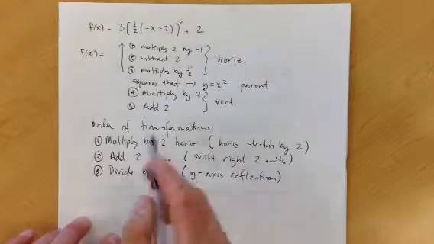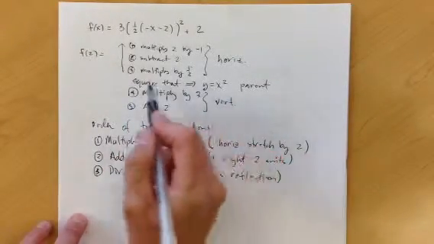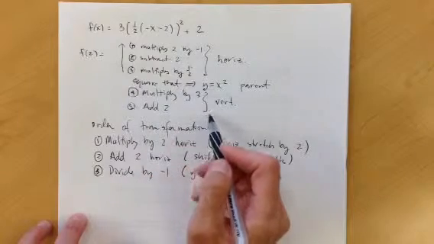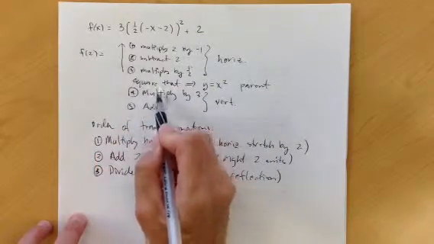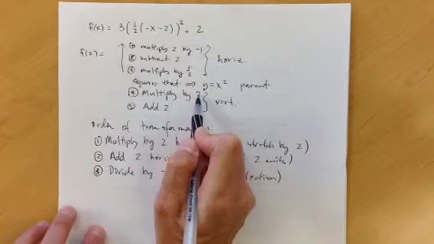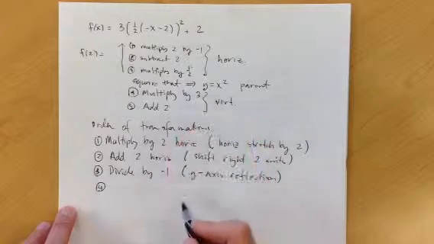Next we are moving on to the vertical transformations. In the vertical transformations, they are done as they seem. So we do them in order, and we do the transformation as it's written. So next, we will multiply by 3 vertically.